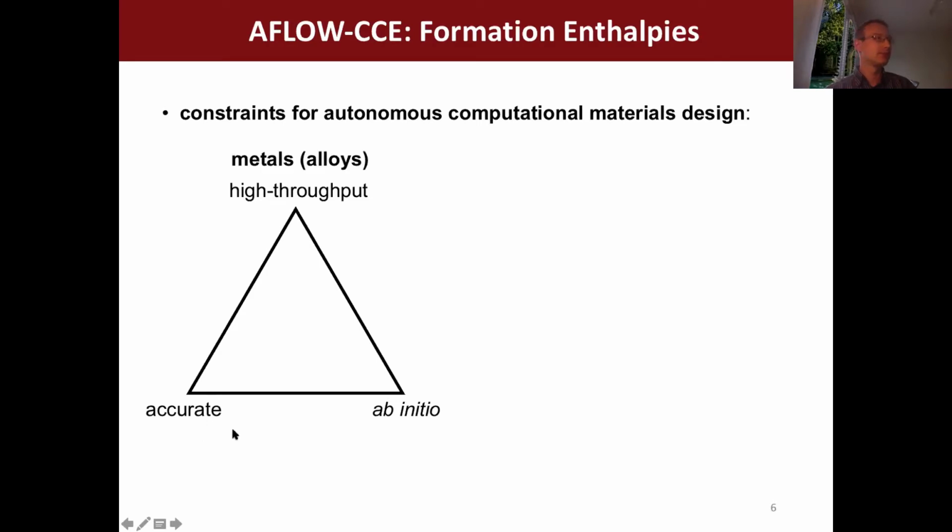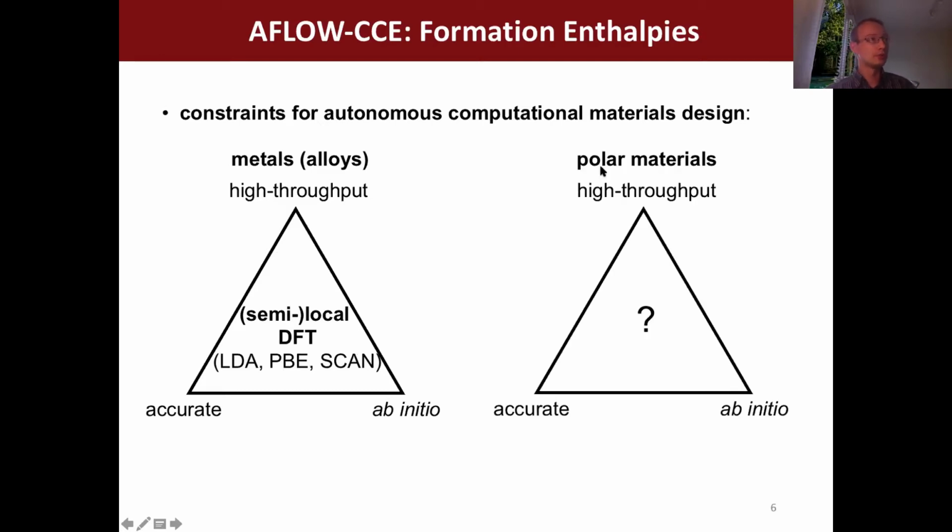And when you have metal alloys, what Corey was speaking about, when you use standard semi-local DFT, with some sort of standard functionals, this is good enough. So I can write this into the middle of my triangle, meaning that all these 3 conditions that I put at the corners are fulfilled. However, when I go to polar materials, and I have the same triangle, the same conditions, the question is, what would be such a theory that fulfills all these criteria?